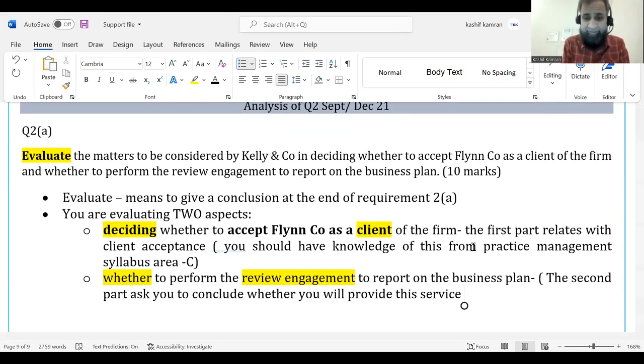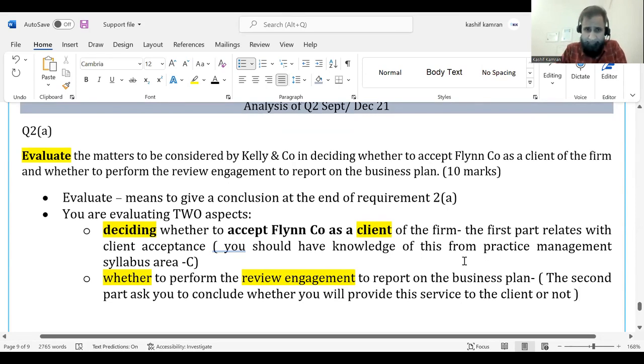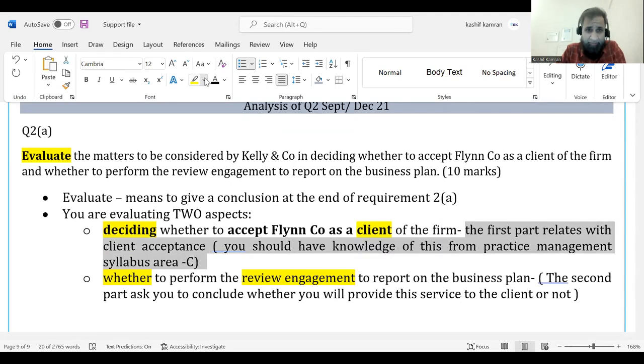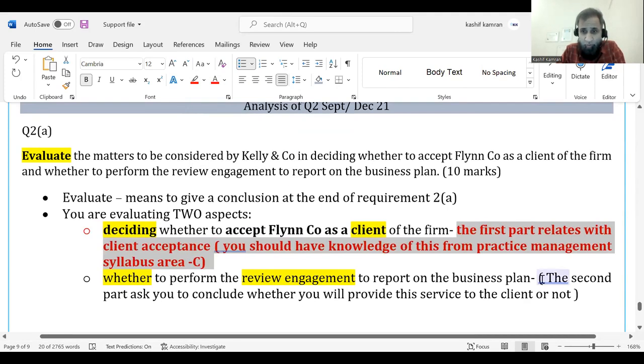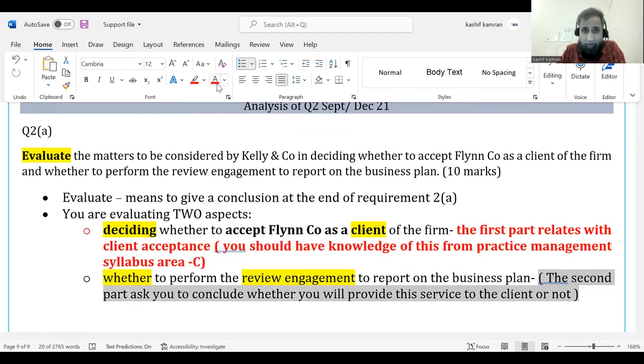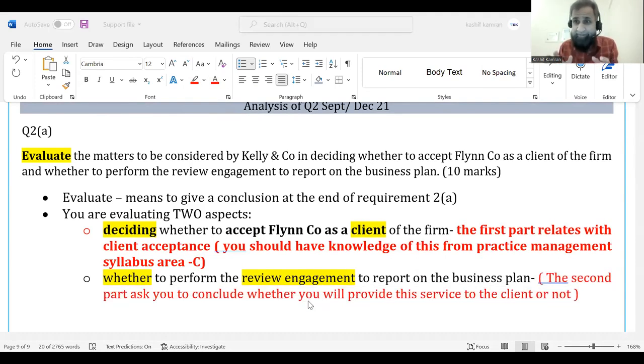Whether you will provide this service to the client or not. Is that clear to all of you? What is to be done in the first and the second part? And I hope you agree that a critical analysis of the requirement is crucial to get to the right answer. If you're not reading the requirement well, you're not producing the answer well. So how many things is the examiner asking for 10 marks? One thing or two things? Tell me.